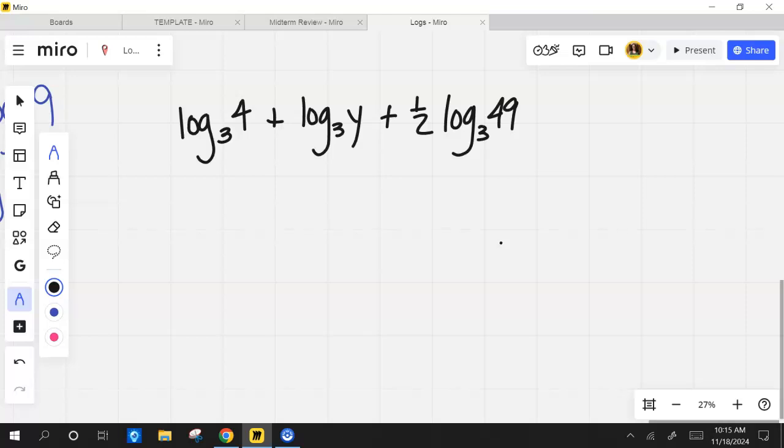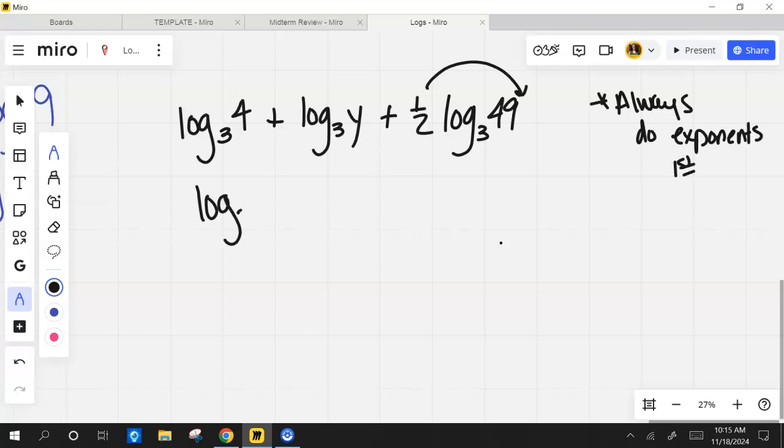Tell me what you're doing first. Log base 3 of 28y. That's what I got. What is 49 to the 1/2? 7. Look at y'all, I'm impressed.